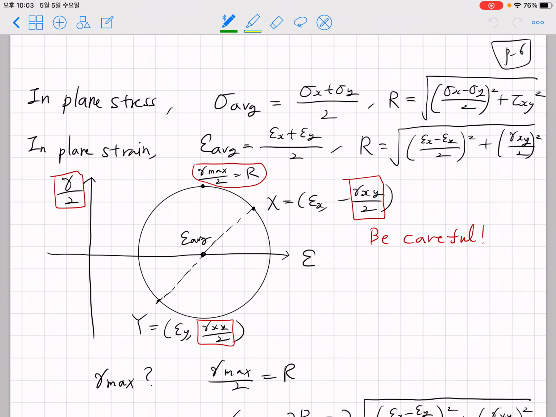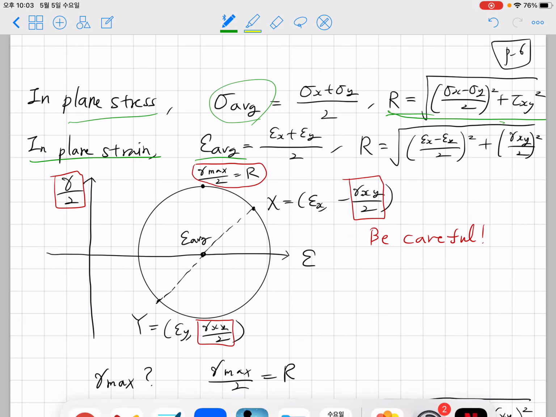Back in plane stress problem, when building up the Mohr circle, we considered the sigma average to locate the center position. We considered the radius of the Mohr circle, and in plane strain problem it's given like this.